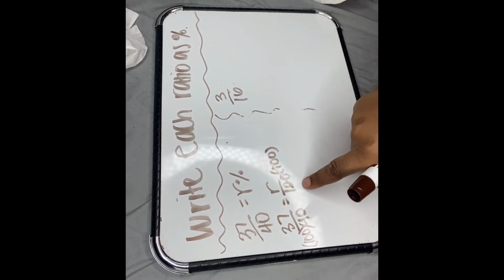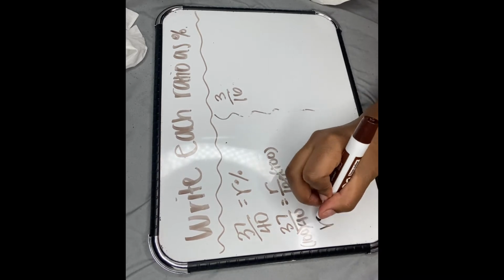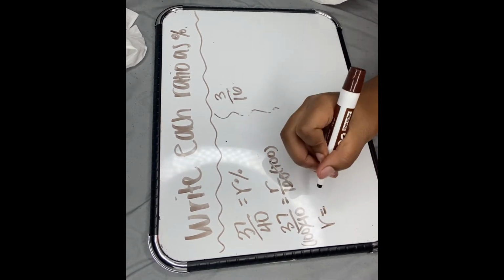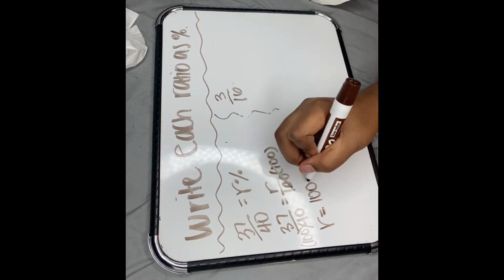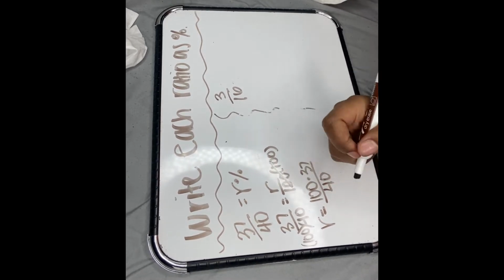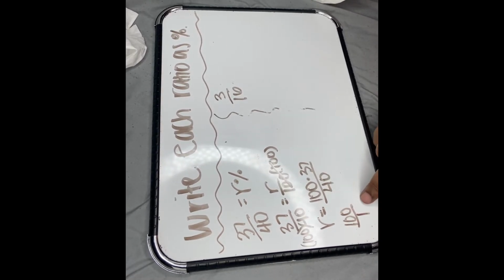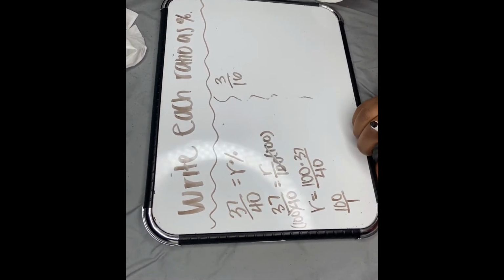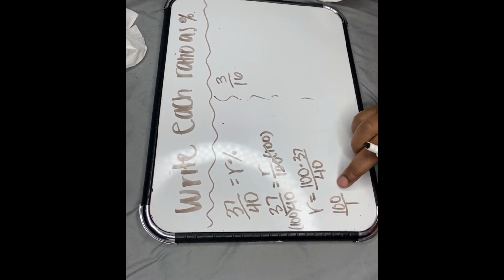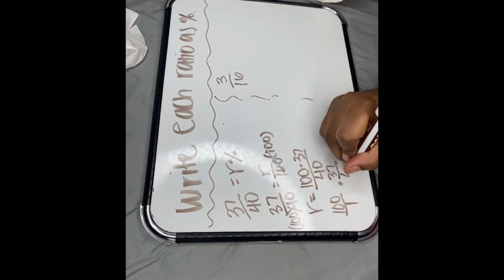The 100s on the right will cancel out. We can put R in the front of the equation to make it easier. And then we'll have R equals 100 times 37 over 40. We can then split it up and make it 100 over 1, because any number over 1 will be itself. We can say 100 over 1 times 37 over 40.